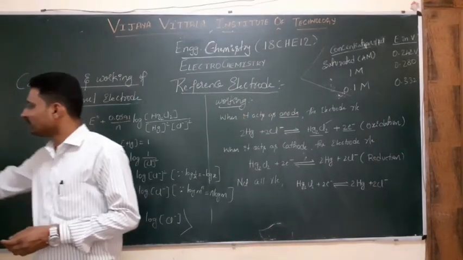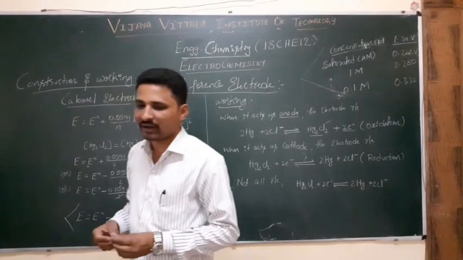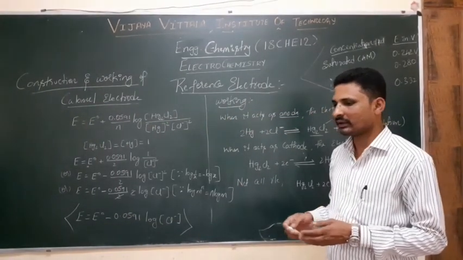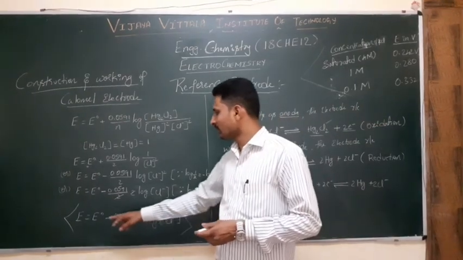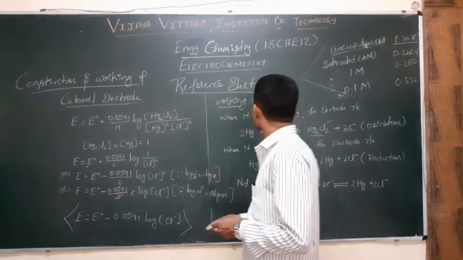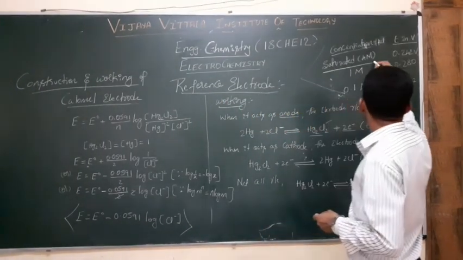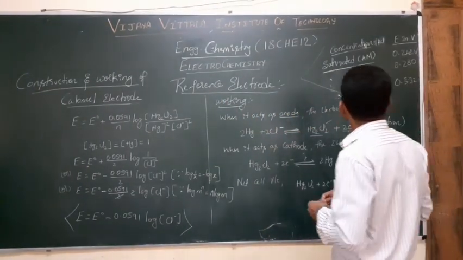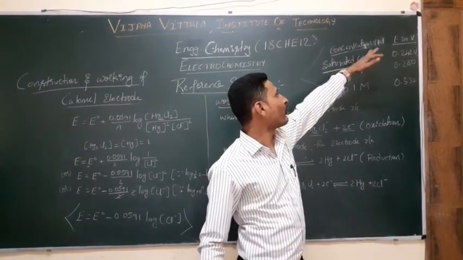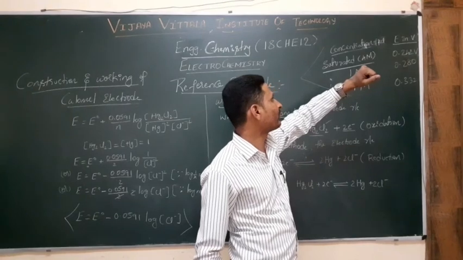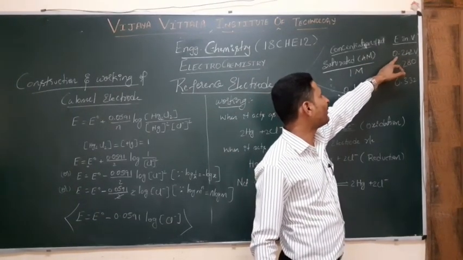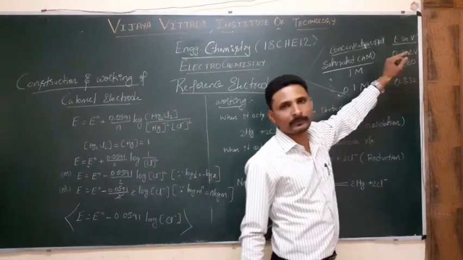When the concentration of KCl varies, we will get a different electrode potential. If you take saturated KCl, or 4 molar KCl solution, then the electrode potential value will be 0.242 volt.